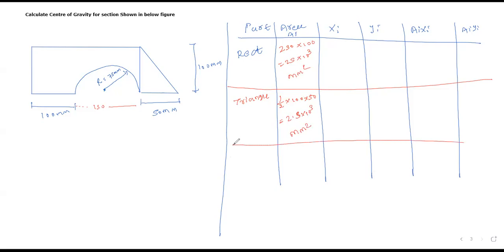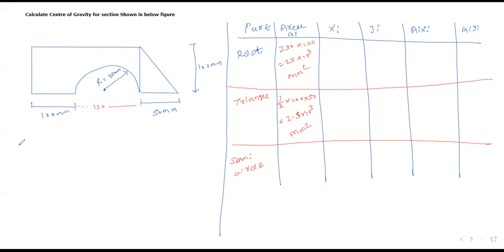Now next, semicircle. It is important. As we have discussed already, your semicircle is a part of the rectangle. So can I say that the area of the semicircle is already calculated in the area of the rectangle? Yes or no? Am I right? So we need to subtract this area. That's the reason we are writing it last. Whichever part we subtract, we will write at the end.